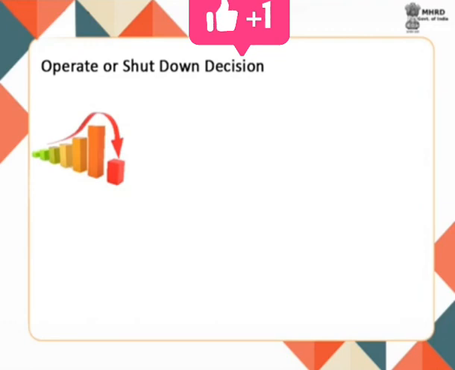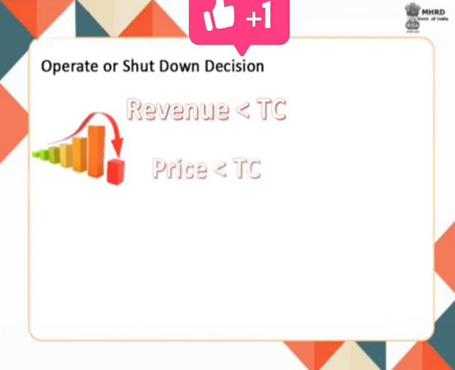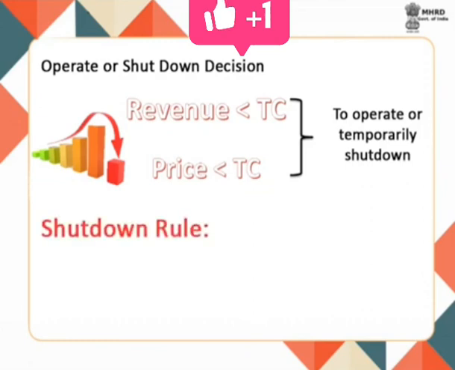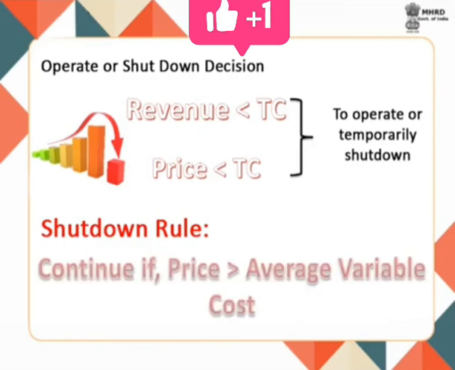Operate or shut down decision. In the short run, if a business is operating at a loss, where the revenue is less than the total cost, or the price is less than the unit cost, then it must decide to operate or temporarily shut down. The shutdown rule states that in the short run, a business should continue to operate if price exceeds average variable cost.